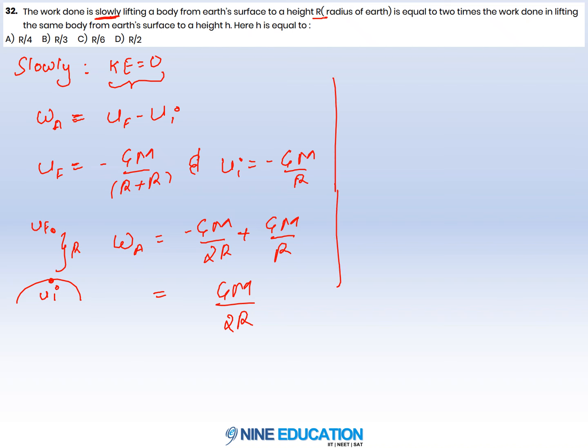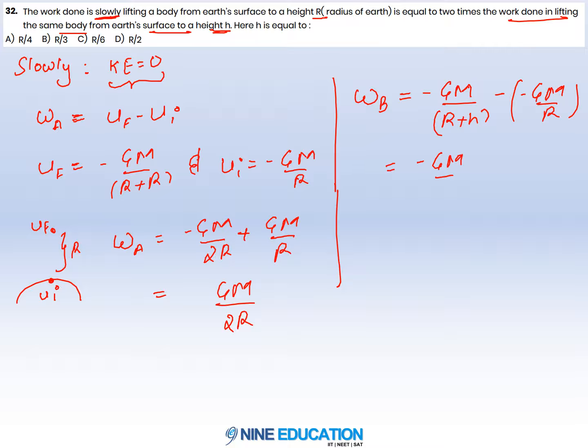Now what they gave, the work done in lifting the same body from earth's surface to height h. Again, work done in the second case is change in potential energy. So final potential energy at height is minus GM by r plus h, minus initial potential energy, that is minus GM by r. So we are getting minus GM upon r plus h plus GM by r.